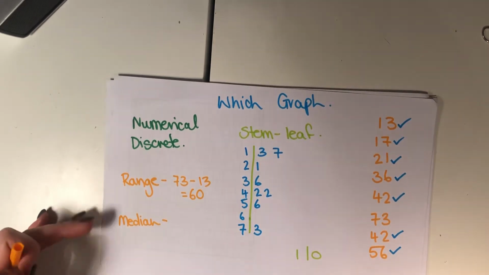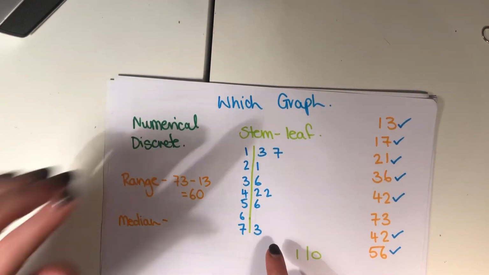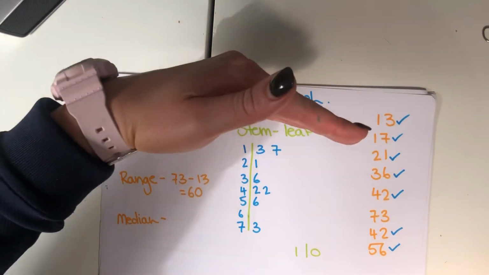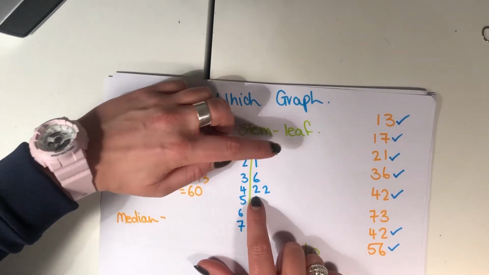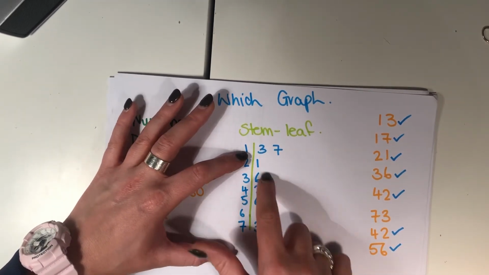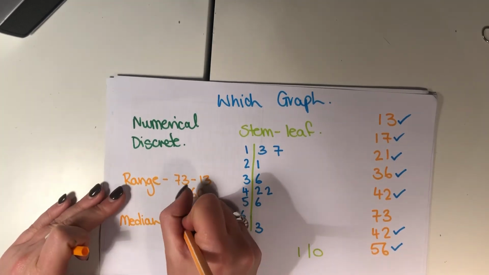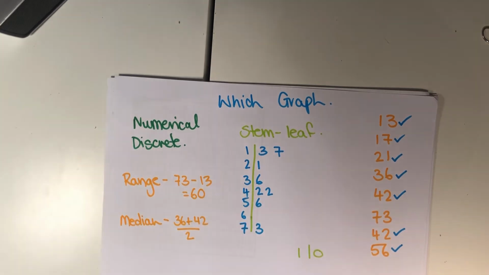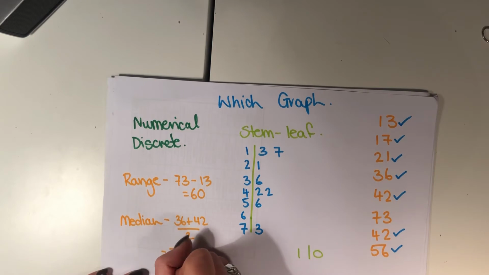Now, these are in order. So the easiest way to calculate your median is to backtrack. And remember, you've got to go left to right with one hand and right to left with the other. So going back on our numbers, down to here, there, there, there. So I know my median is somewhere between 36 and 42. 36 plus 42 gives me 78, divided by 2.